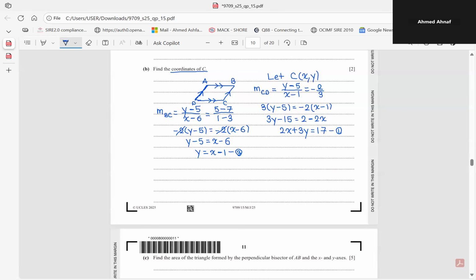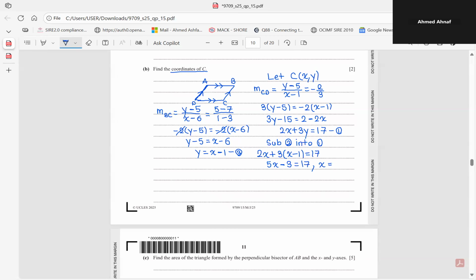To solve this, we're just going to substitute 2 into 1 since 2 is in terms of y. So we get 2x plus 3 times (x minus 1) equals 17. So 2x plus 3x, that's 5x, plus 3 times negative 1, which is minus 3, equals 17.